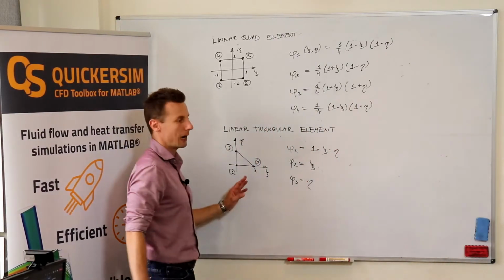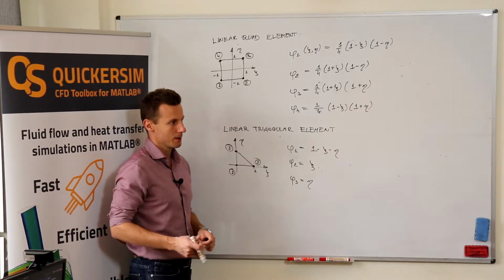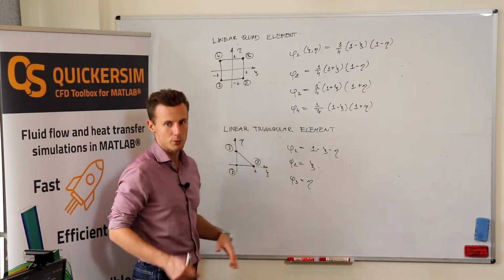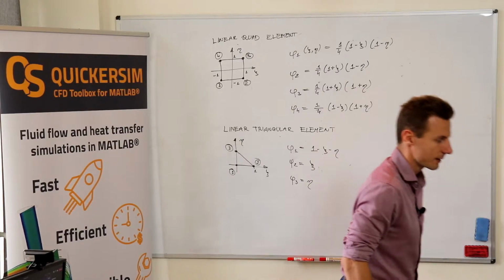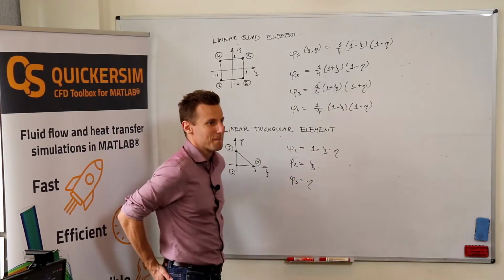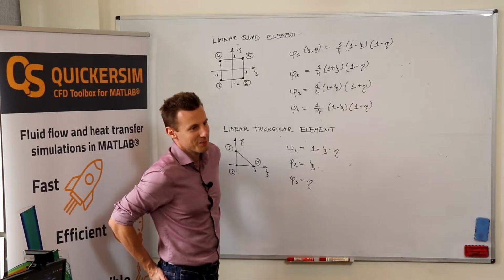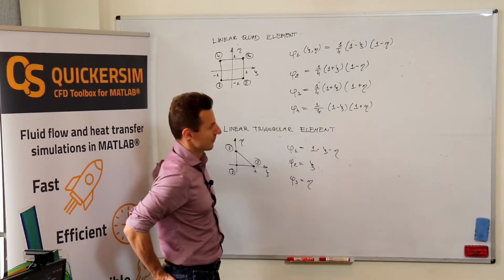Now, an extension. How do you develop higher order elements? Why do you add mid nodes? So you have more points for the function.